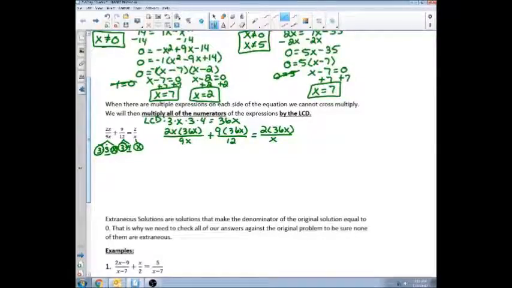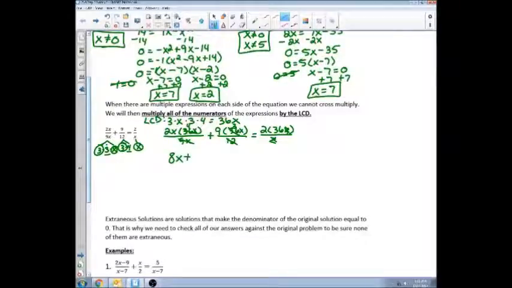So 36x and 9x would simplify. The x's would completely go away. 36 divided by 9 would be 4. 36x and 12, I can simplify the 36 using the 12, which would give me 3. Here, the x's would go away. So I have 2x times 4, which is 8x.